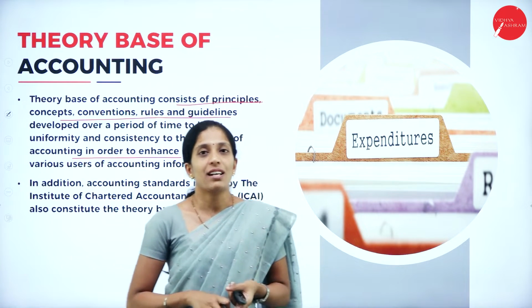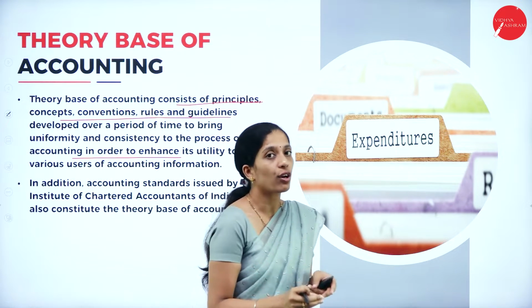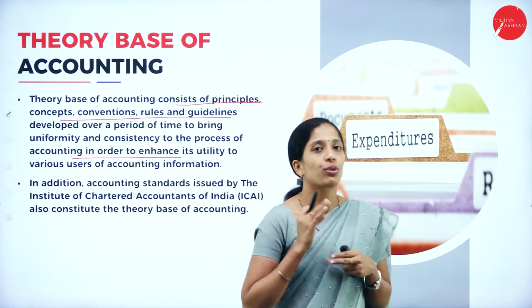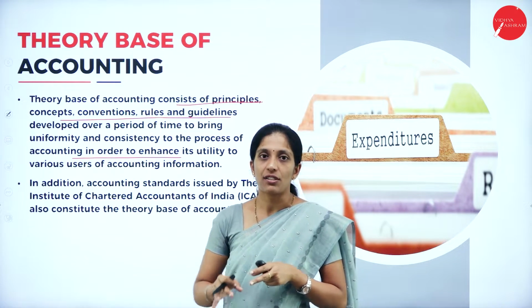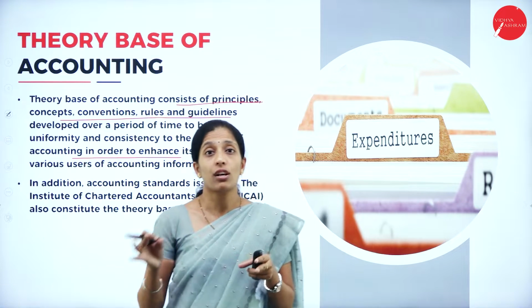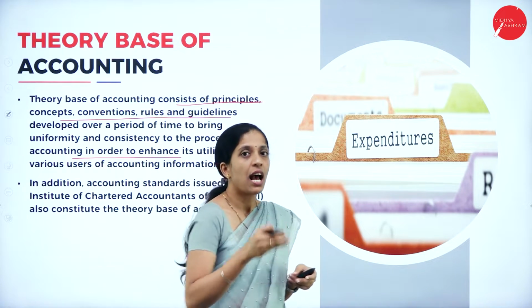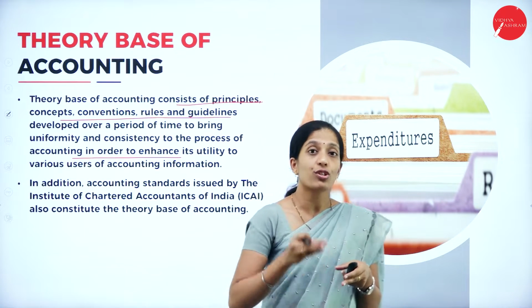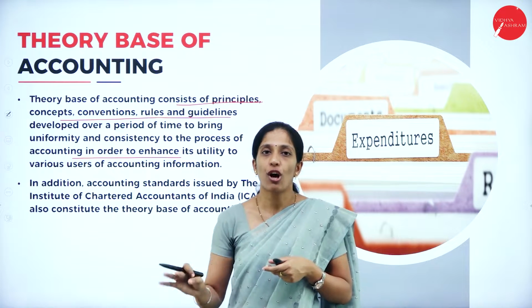Now, what do you mean by this? It's not that as per my wish, I can record the transaction and show the financial statement. If I am not following any of the concepts, conventions or accounting principles and record the books of accounts on my own, then the accuracy of accounting information will not be there.